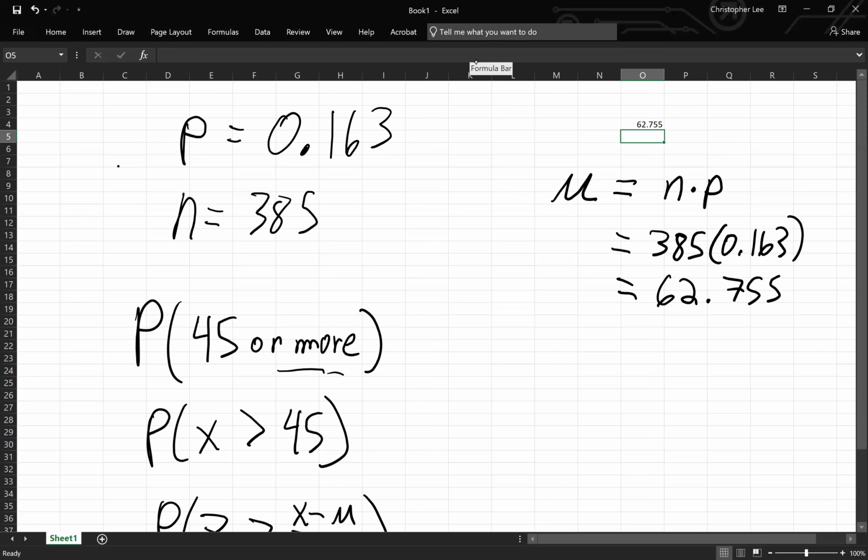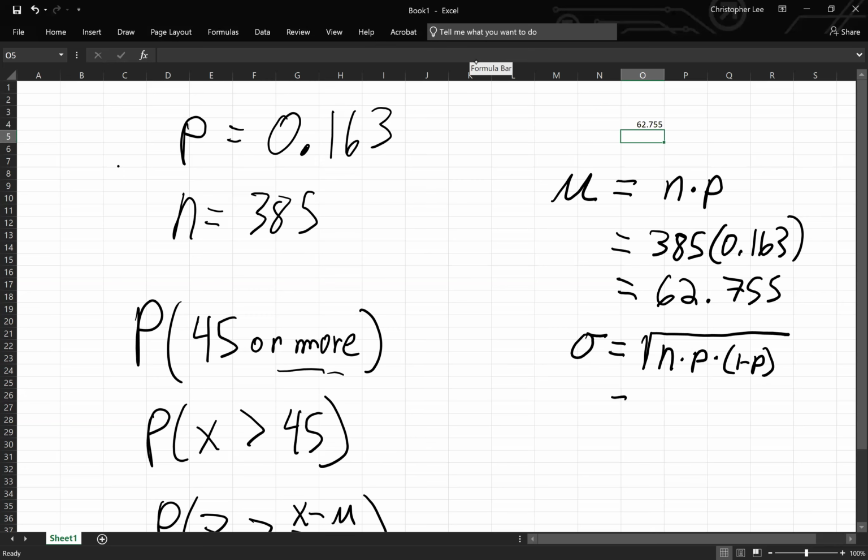I got to find my standard deviation also, right? So we know that our standard deviation is what? Yeah, yeah. So now for my standard deviation, right? I know that that's the square root of n times p times 1 minus p, right?